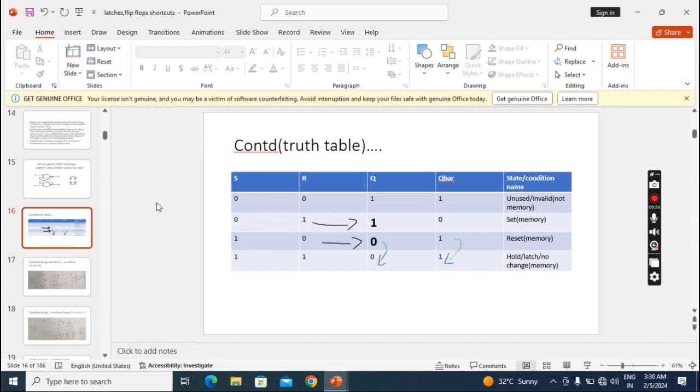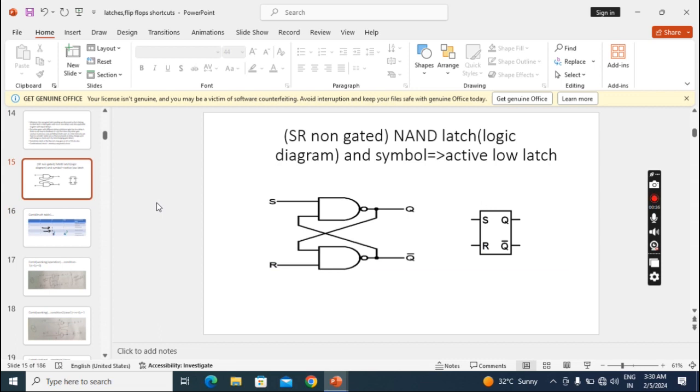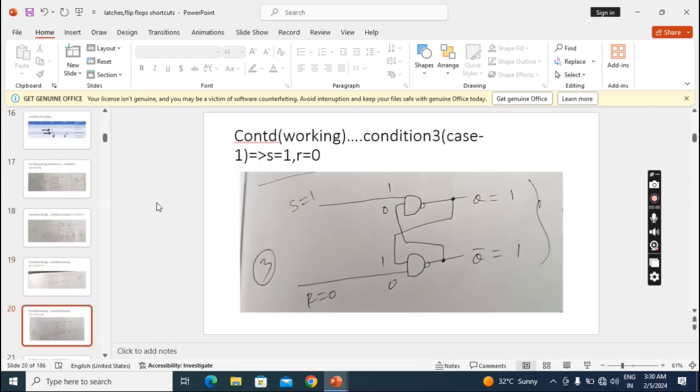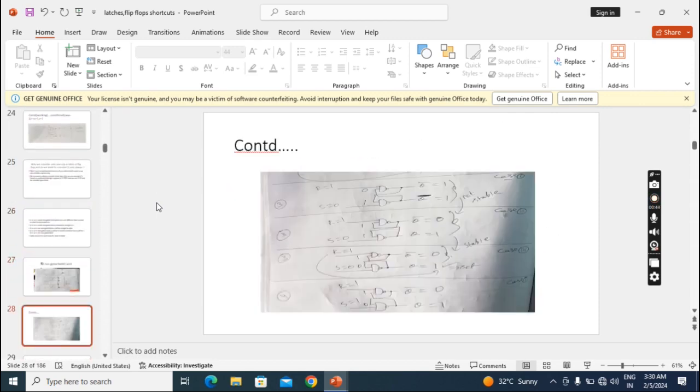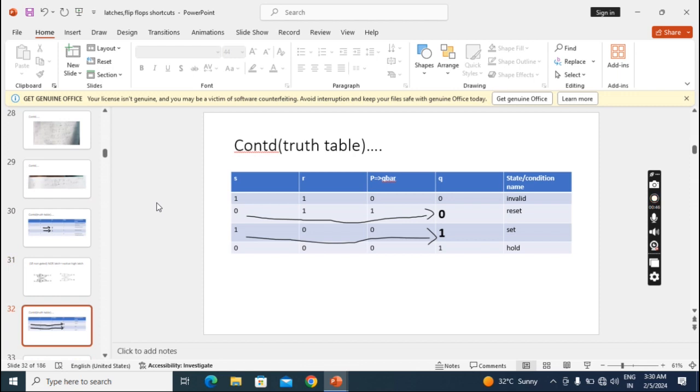So the non-gated NAND latch is called an active low latch, and a non-gated NOR latch is called an active high latch, because if we observe the truth table of NOR, it is invalid when inputs are high, active high, or 1, 1. So to make it useful, we have to change any one input or both inputs.